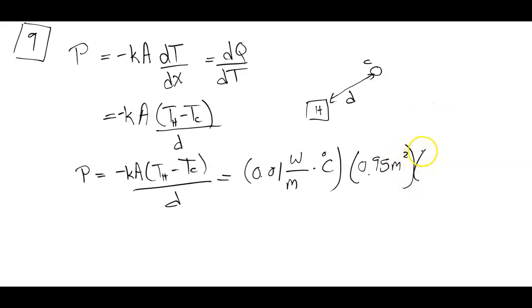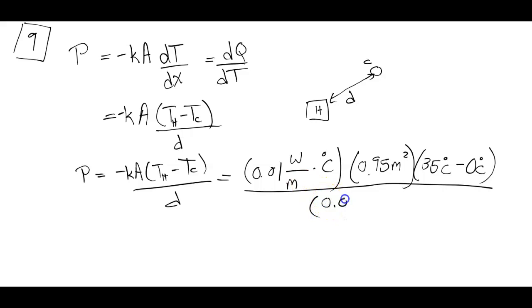There's a change in temperature from 35 degrees, which is the hot surface, to 0 degrees, which is where we have the ice, all over the distance of the walls, which is 2.5 centimeters thick.